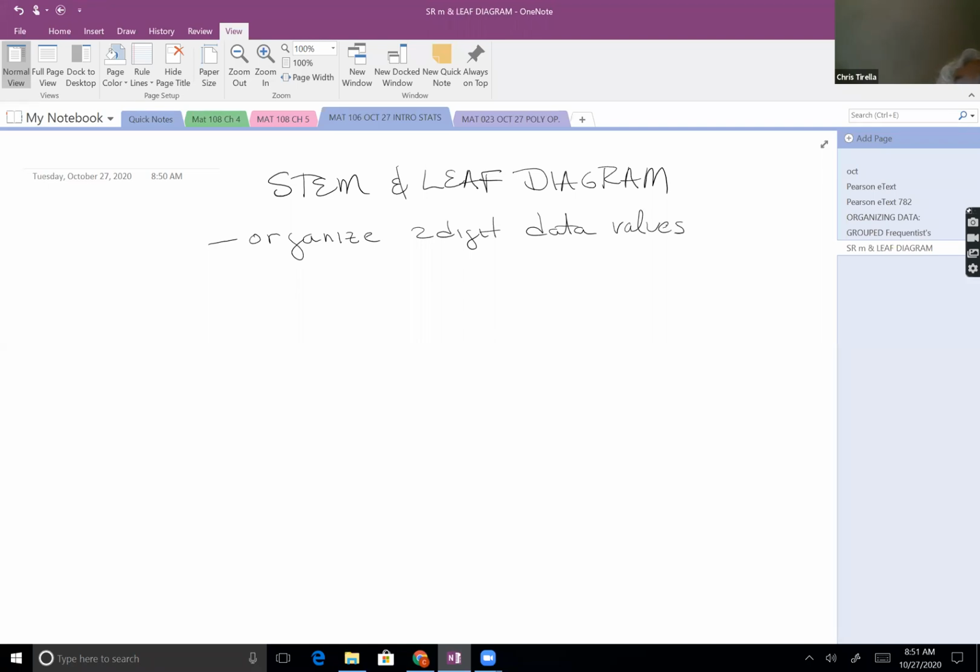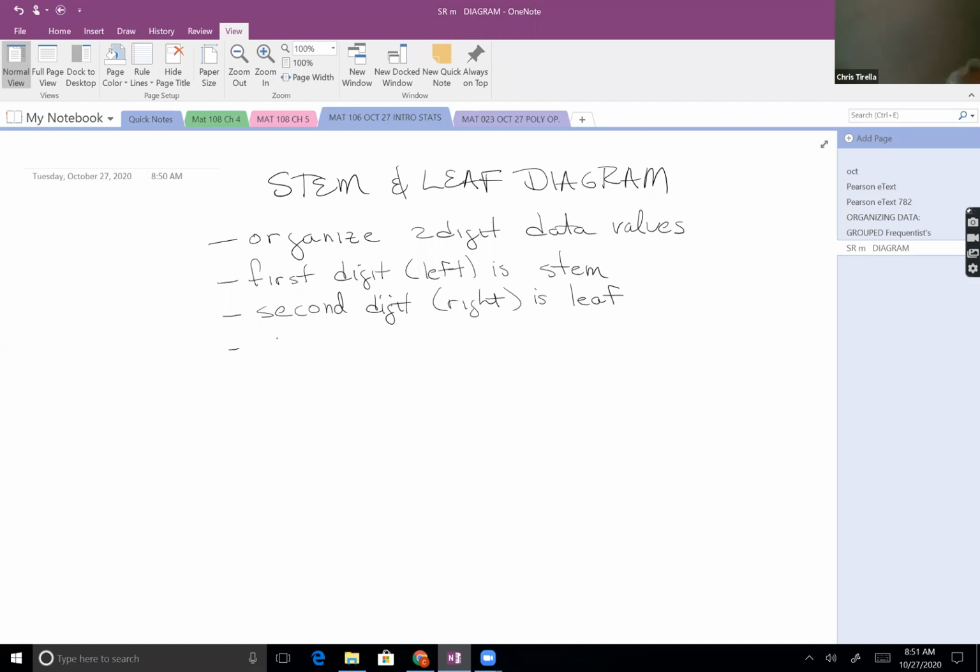When we use the stem and leaf diagram to organize 2-digit data values, the first digit, which is the digit to the left, is the stem. The second digit, which is the digit to the right, is the leaves.